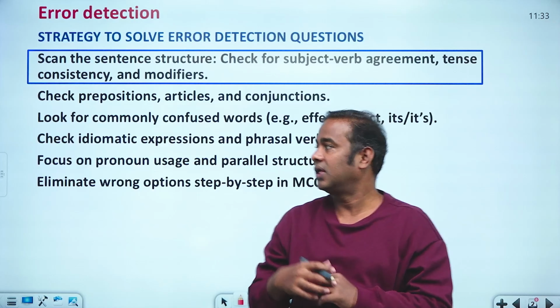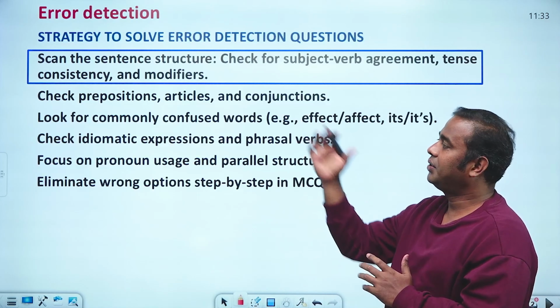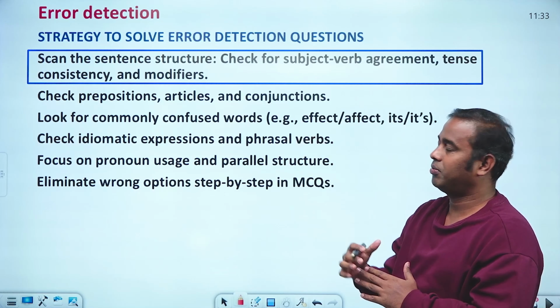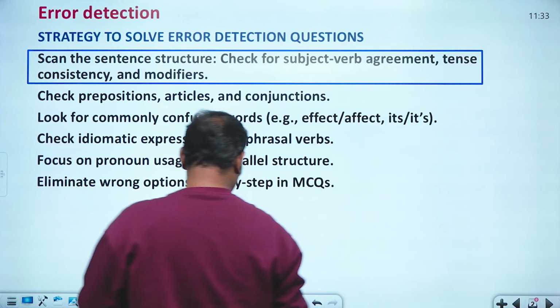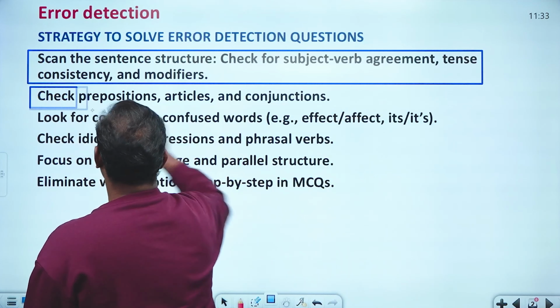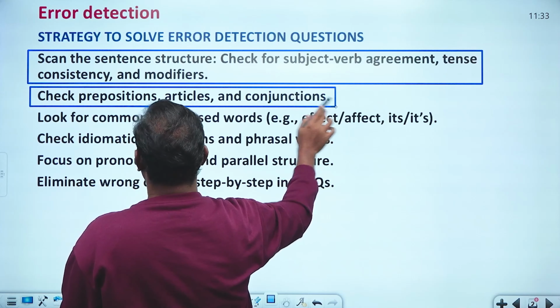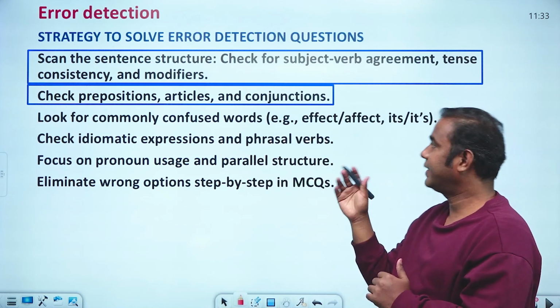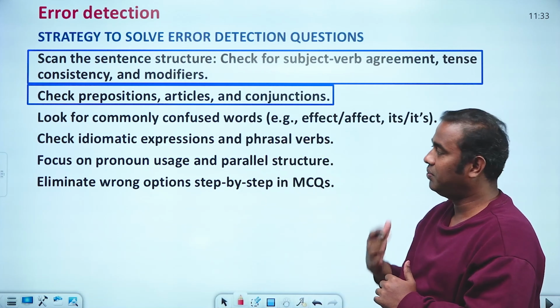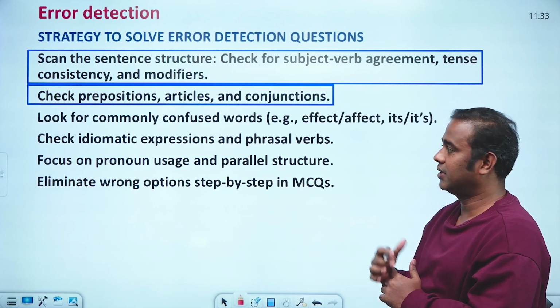The second point is that you must check the prepositions, articles, conjunctions, all those things. In this second go, try to check whether there are any mistakes in prepositions, articles, and conjunctions.